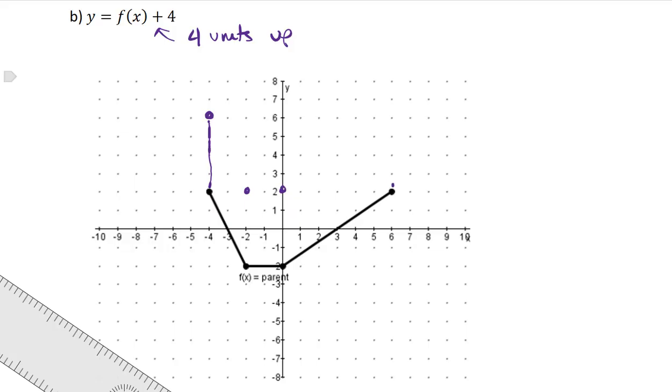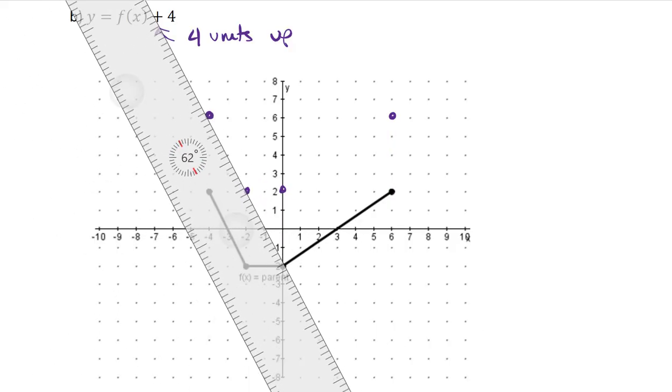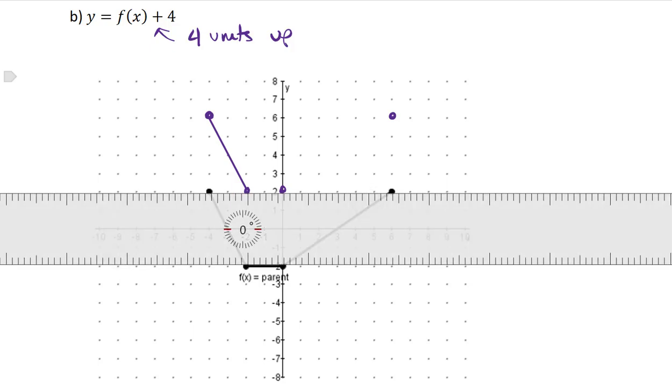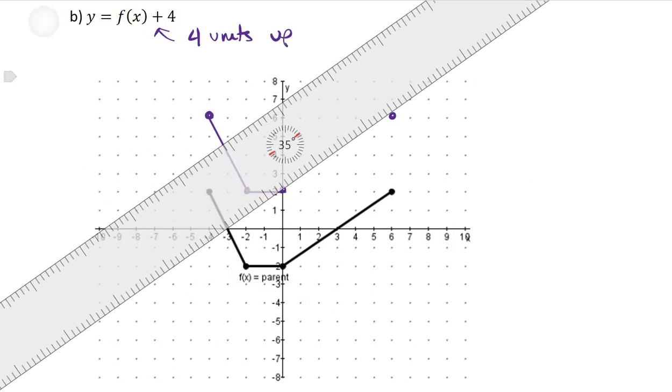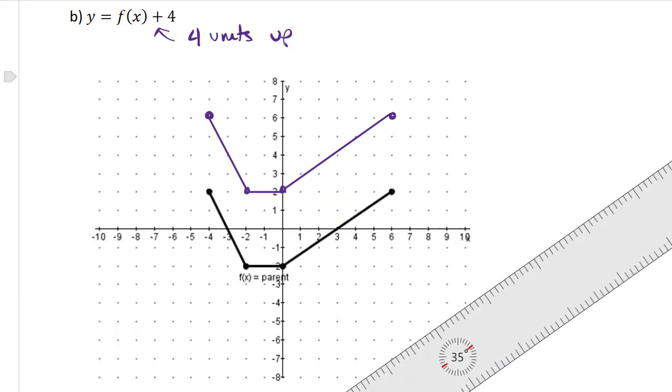This one, now our last one, 4 units up. And now using those 4 points, we're simply going to connect the dots together with segments. So same shape as the graph of the parent function. The shape is not distorted at all. And there is a graph of y.